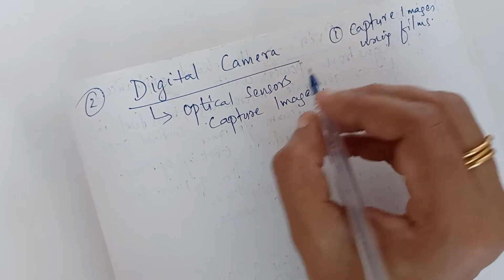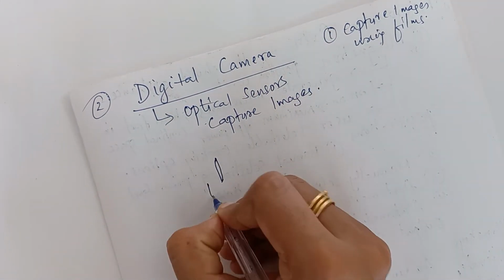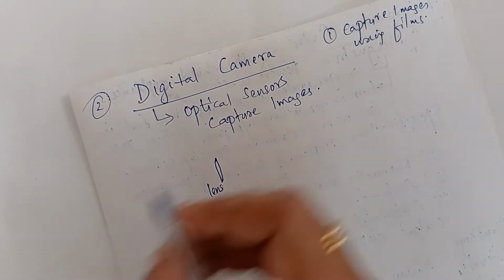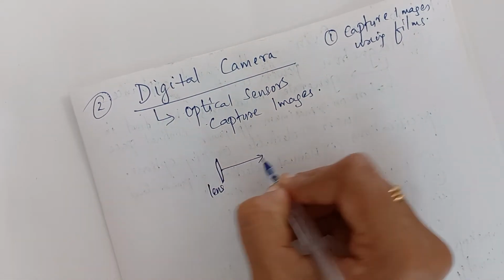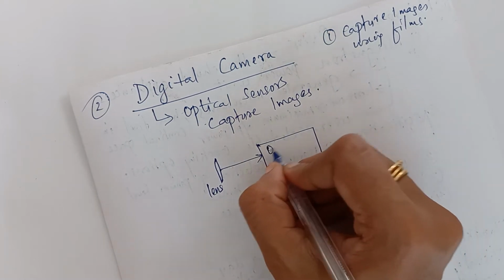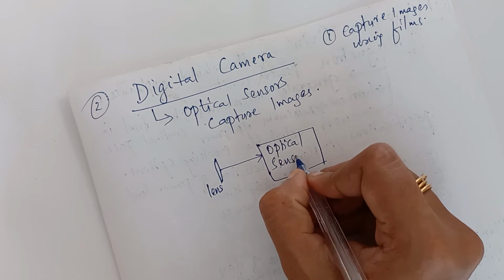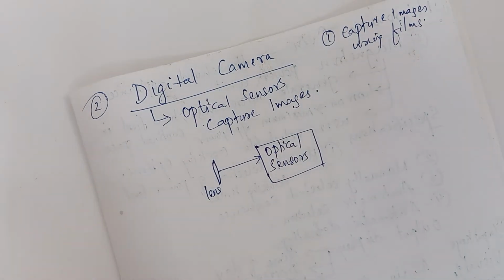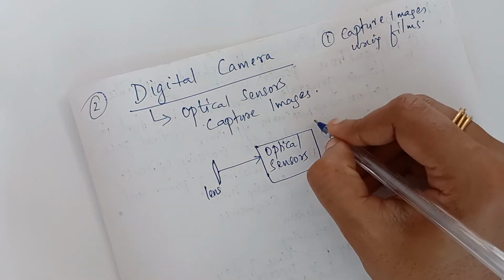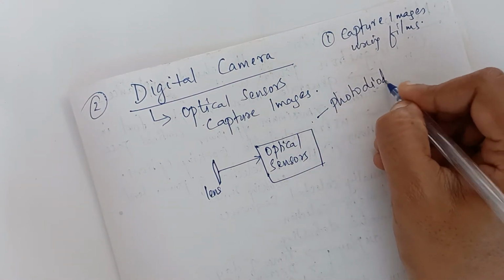Let us just see. We have a lens. Now this lens, as I told, has optical sensors, and these optical sensors in our digital camera are used for capturing images. These optical sensors are based on photodiodes. Photo means light.